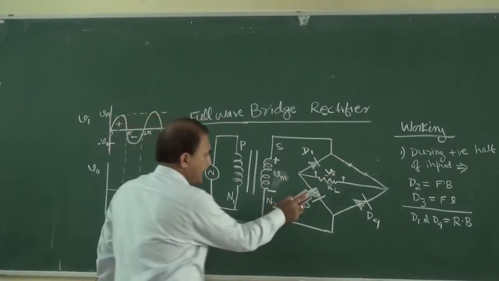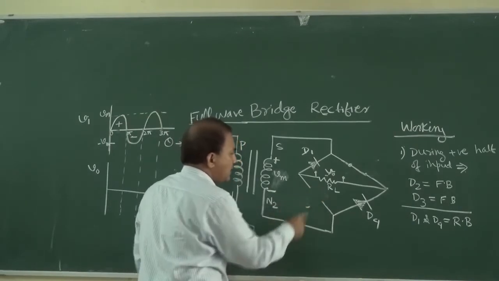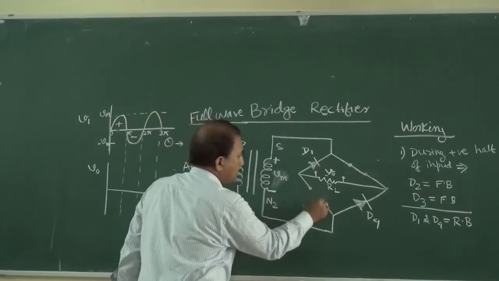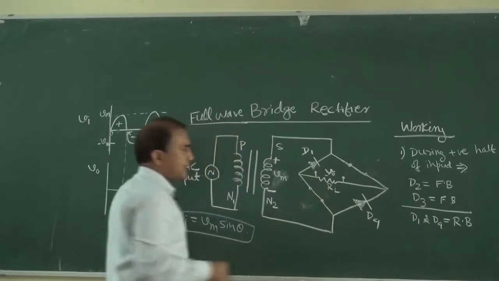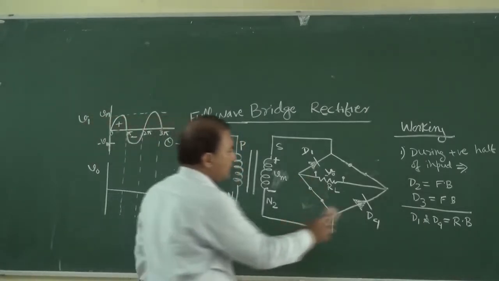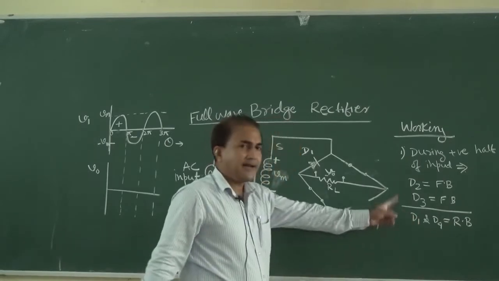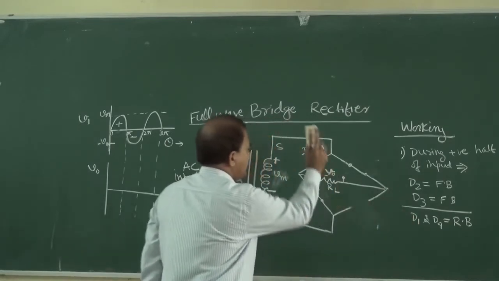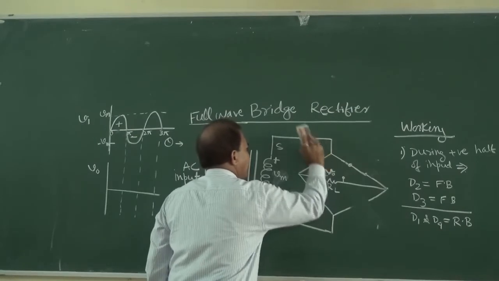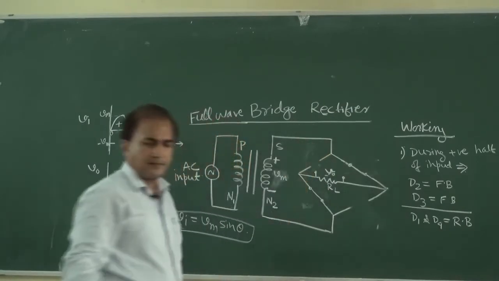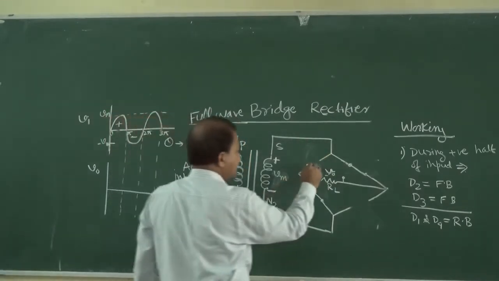Again D3 we replace with a short. Now D1 and D4 are in reverse bias condition, so they are open.